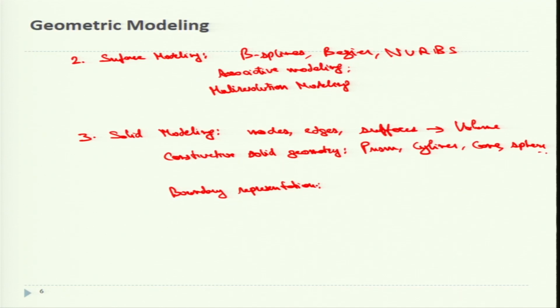Next is the boundary representation. In boundary representation, the object's spatial boundaries serve as its definition in building up the model. It gives an order to rotate, sweep.